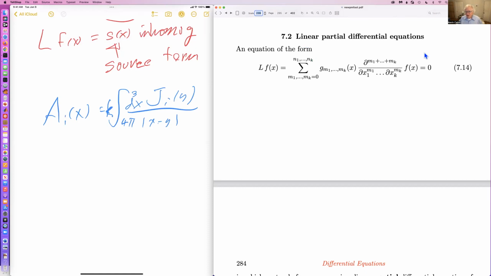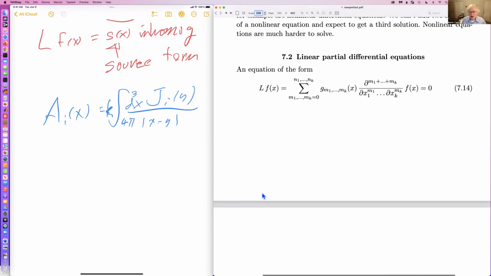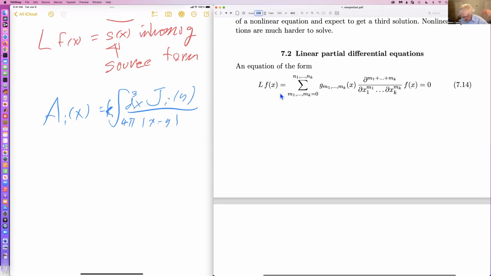So now let's look at linear partial differential equations. And an equation like this is, I guess, the most general homogeneous linear partial differential equation. Homogeneous because there's no source term.